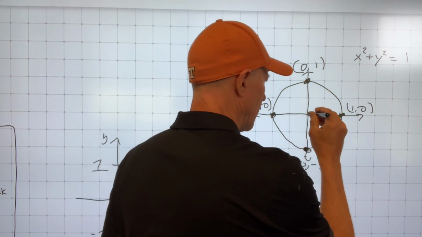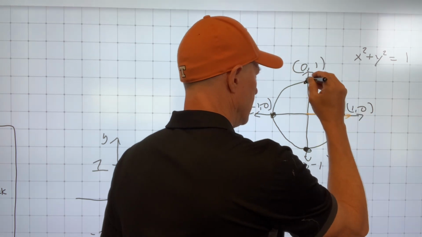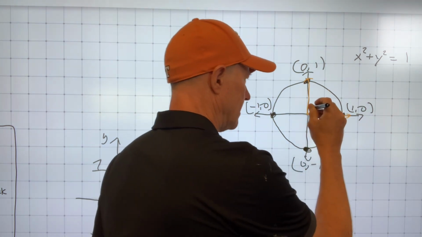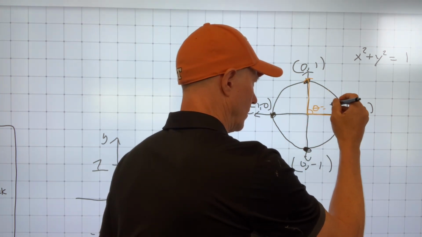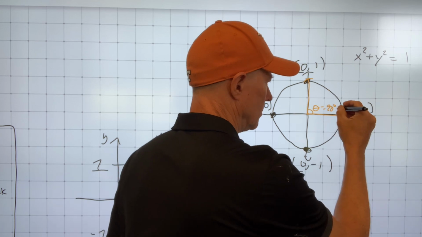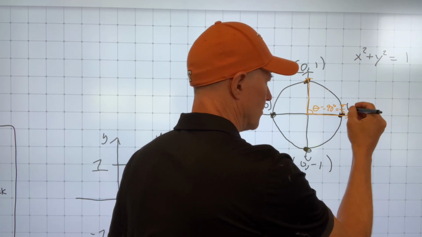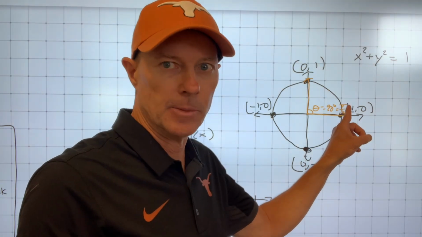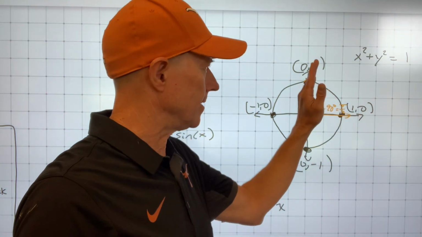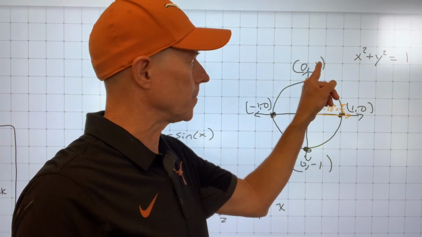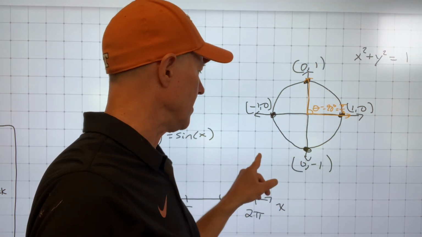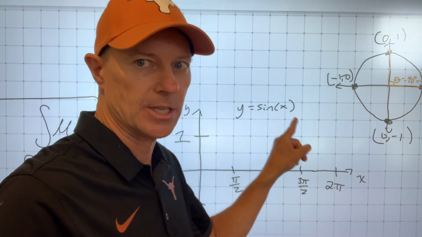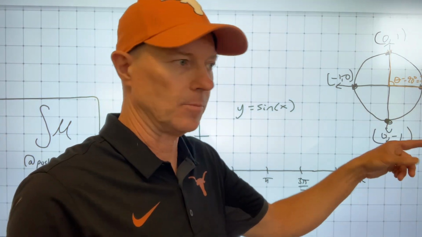So if I have some angle, like say a 90-degree standard position angle, that's the input. But we'll use radians. So pi halves radians is equivalent to 90 degrees. So the input is an angle measurement, how far the angle rotates, and the output is a y, okay? But over here, the input is x. So you just have to remember that x is representing the angle measurement, okay?